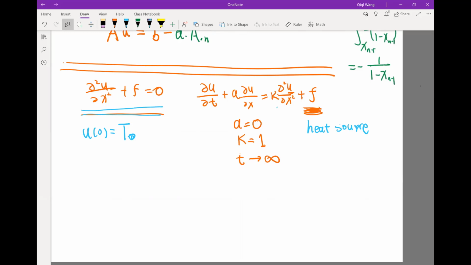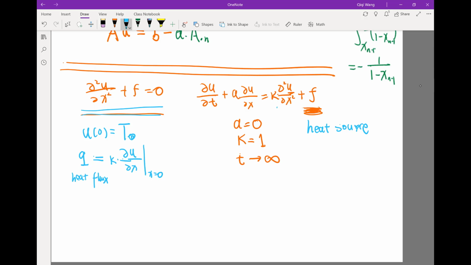So setting a heat flux Q is essentially setting Q equal to kappa, which is equal to 1 here, times du/dx at x equal to 0. That's another type of boundary condition I can specify.